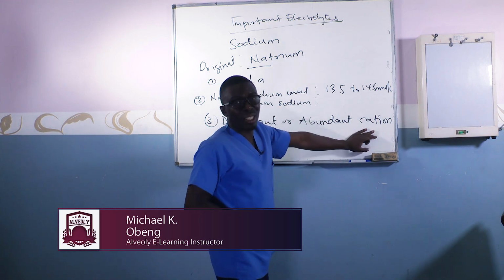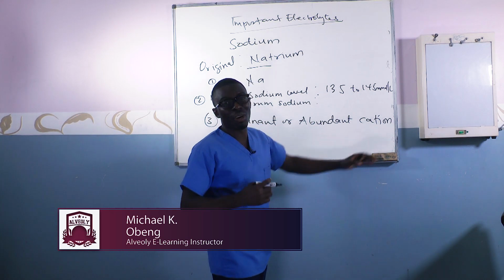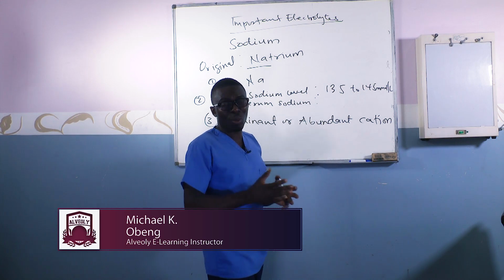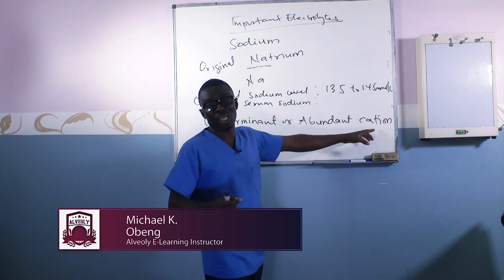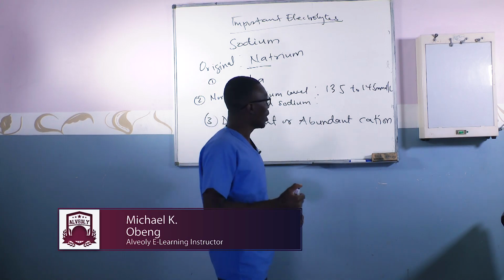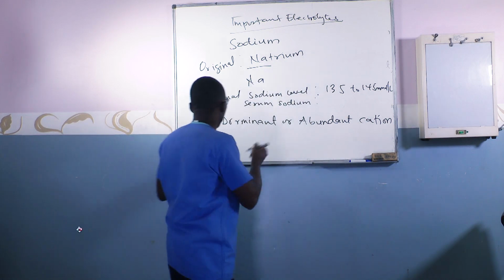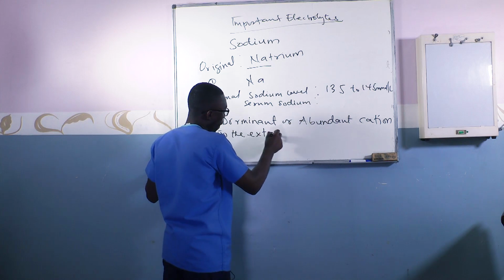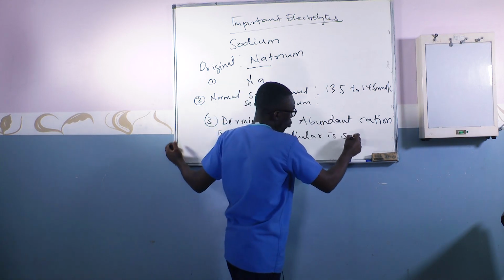When I was explaining ions in our previous lesson, I said that ions are divided into two. We have positively charged and negatively charged. The positively charged are known as cations, and the negatively charged are known as anions. In the body, the most abundant cation in the extracellular fluid is sodium.